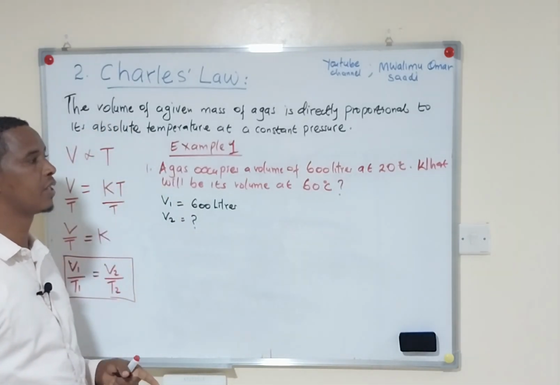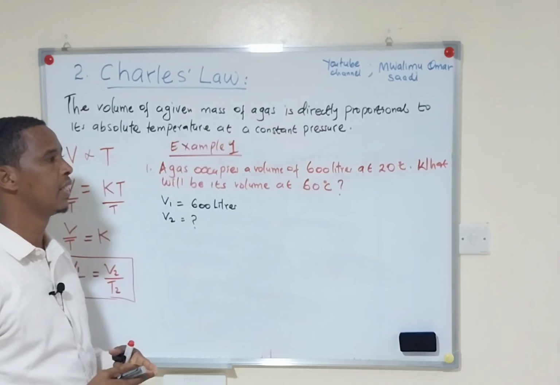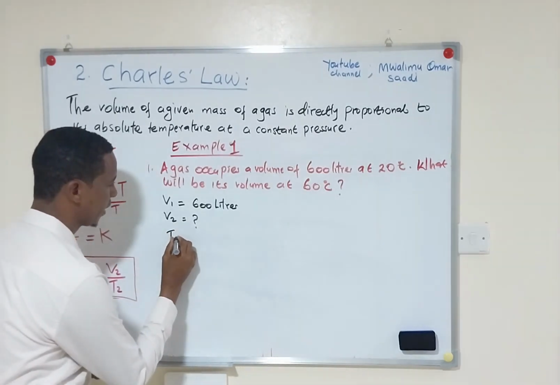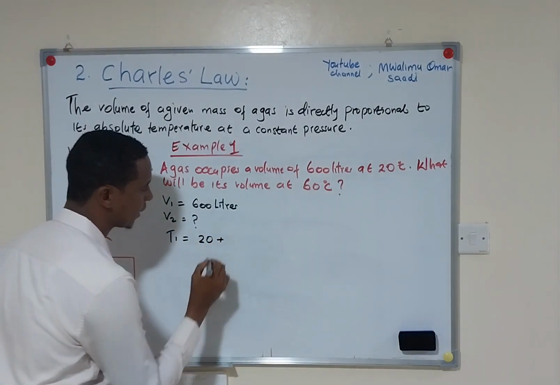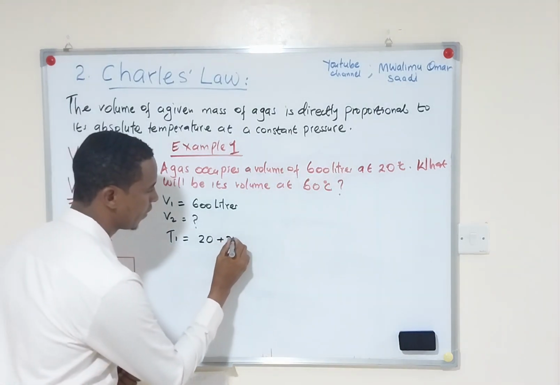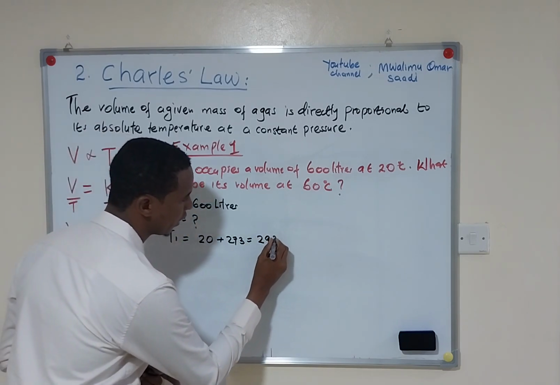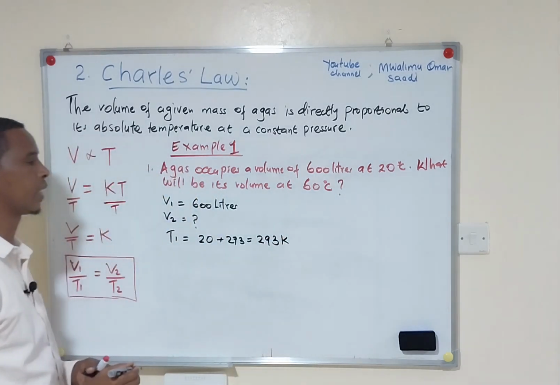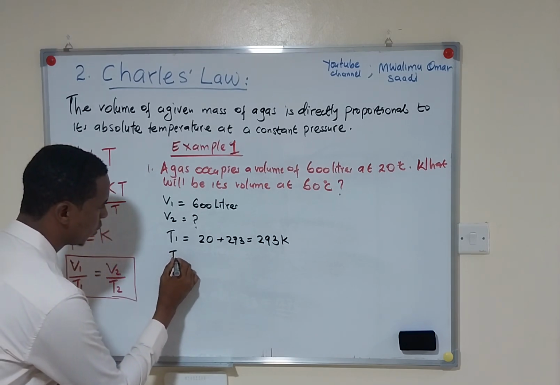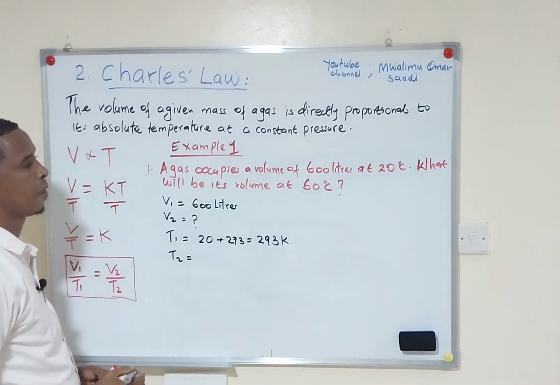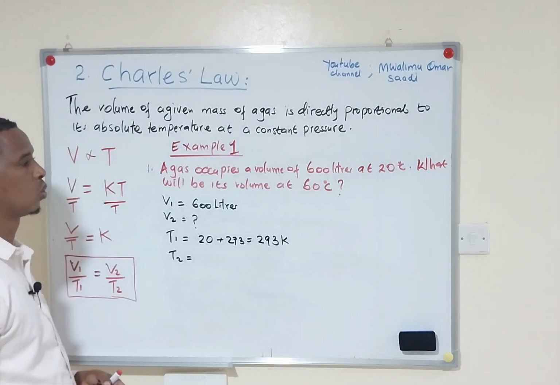And T1, we are given 20 degrees Celsius. If we are given degrees Celsius, we need to convert to Kelvin, K. So our T1 will be 20 plus 273, which is 293 K. T2, we're given 60 degrees Celsius, so we convert to Kelvin.